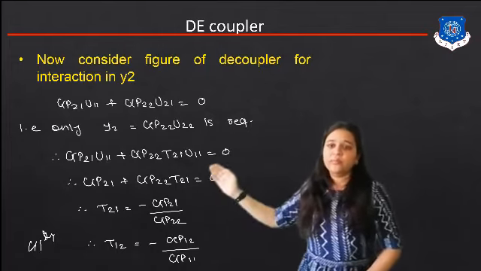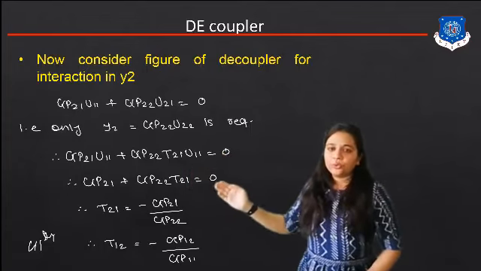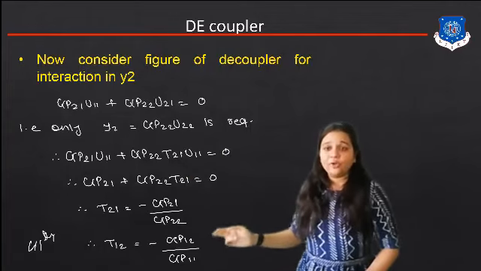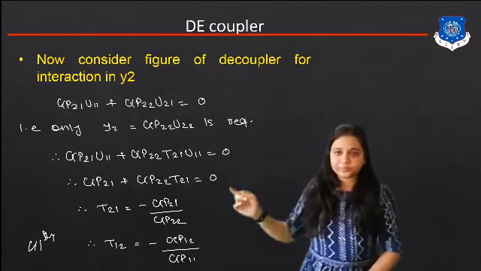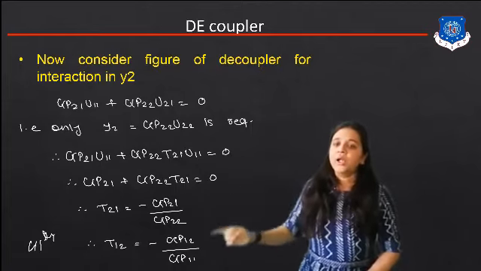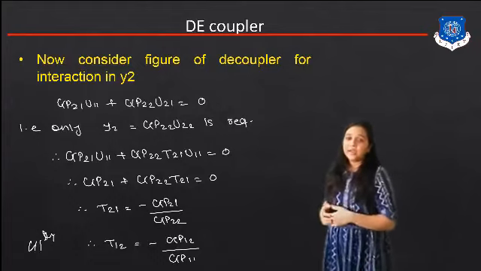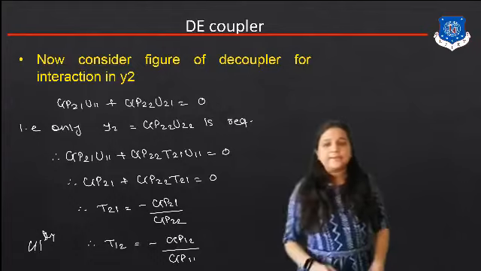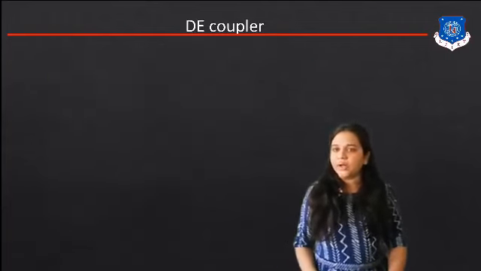So GP21 plus GP22 T21 is equal to 0. So we can get the value of T21 that is equal to minus GP21 upon GP22. Same thing will be applied, and we can get the value of T12 that is equal to minus GP12 upon GP11.